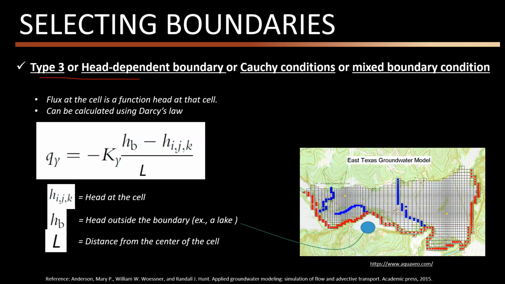And the third type is known as type 3, or head dependent boundary condition, or Cauchy condition, or mixed boundary condition. And we said that technically there is a primary formula to calculate the head dependent boundary condition, which we denote by HDB as well. Okay, those were the things that we already talked about in previous videos.